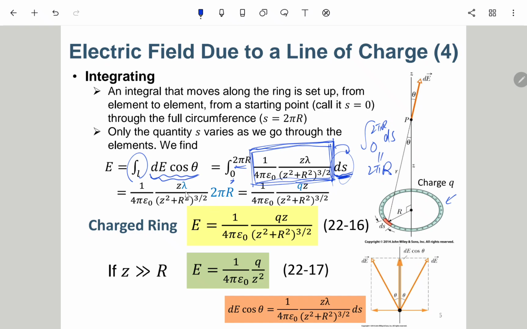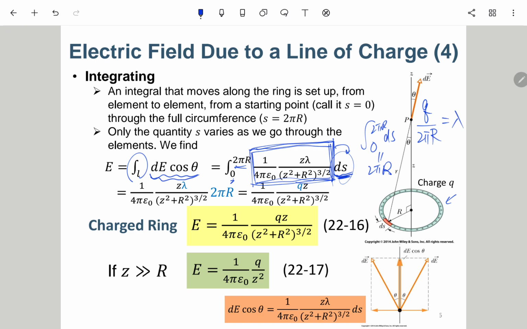So we can actually eliminate this lambda, because this lambda is what we assumed in between. It is not a known value. Actually, lambda is related to Q over 2 pi r.